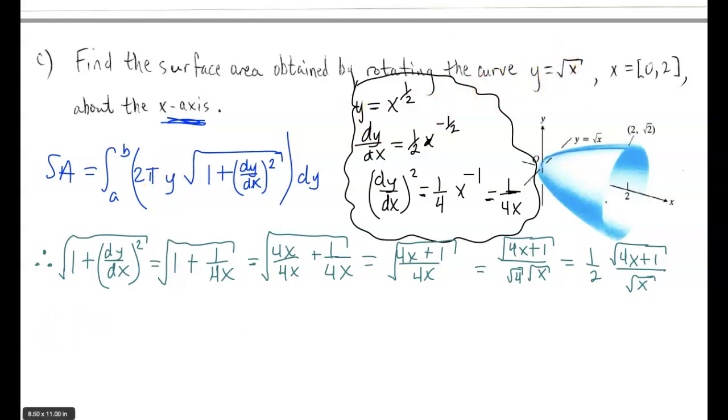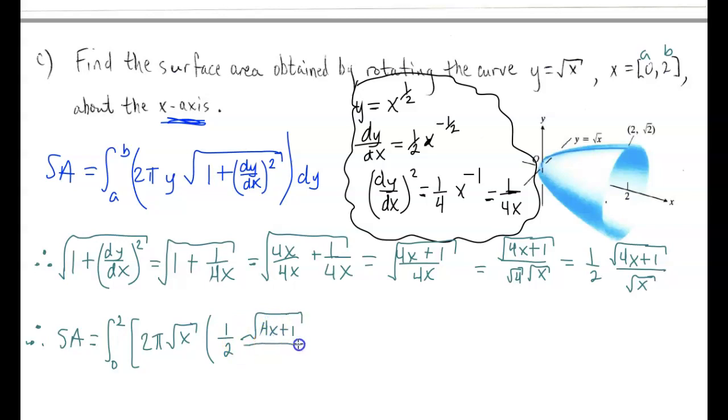So the surface area is going to be the integral from a to b, which will be 0 to 2, of 2 pi times our y, square root of x, times the rest of this, which is 1/2 times square root of 4x plus 1, all over square root of x, all times dx.